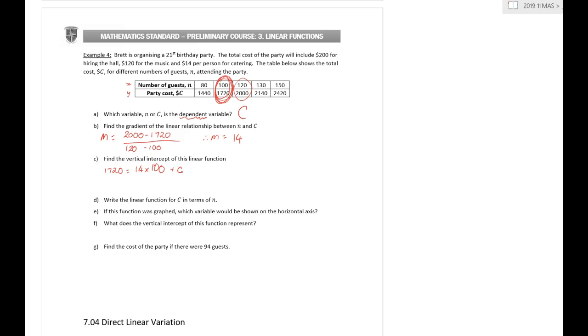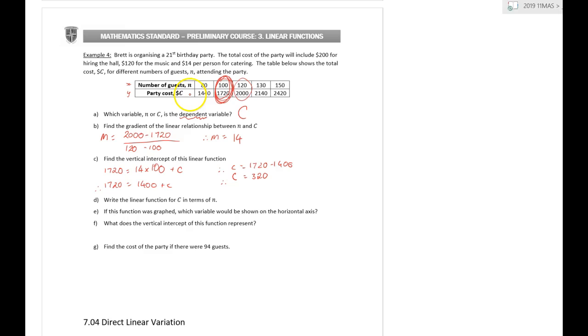So 1720 equals 1,400 plus C. Therefore, C equals 1720 minus 1,400 equals 320. That's the y-intercept, 320.